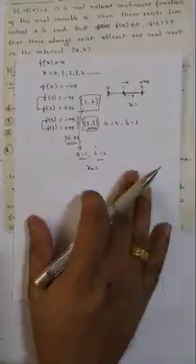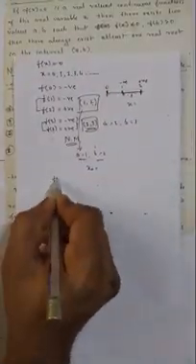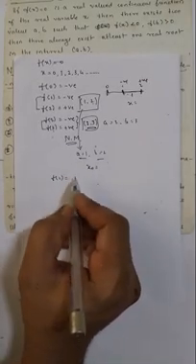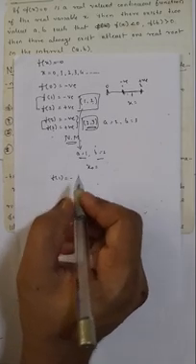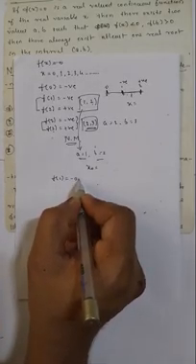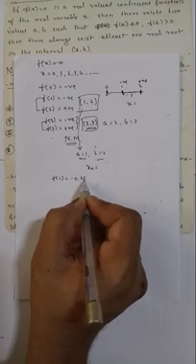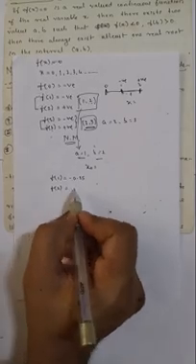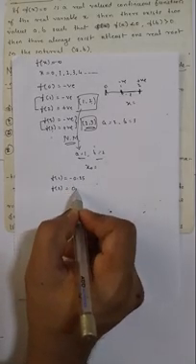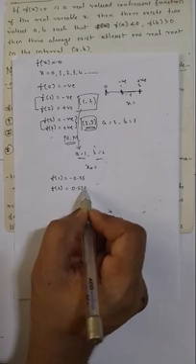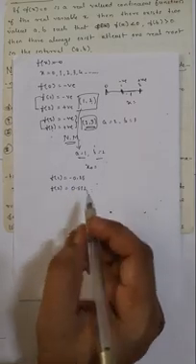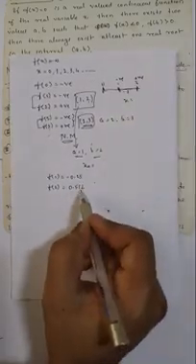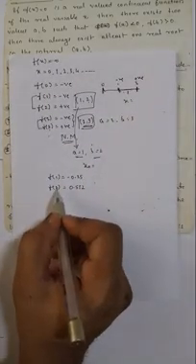That means suppose at x equal to 1 the value is negative, say minus 0.25. At x equal to 2 the value of the function must be positive, say approximately 0.512. One value is negative, the other is positive, therefore the interval is 1 and 2.